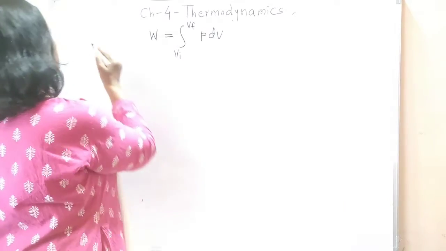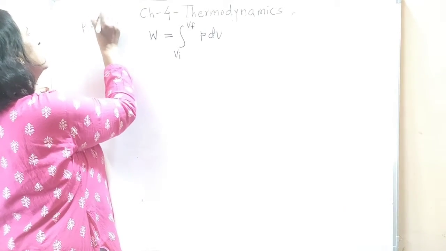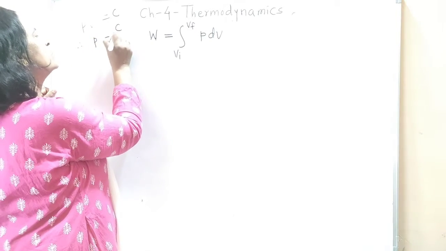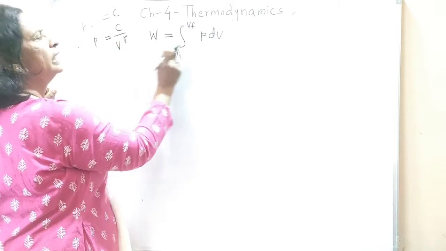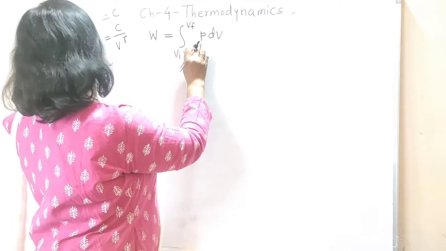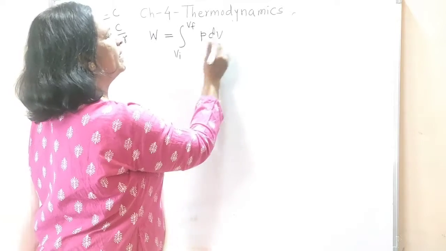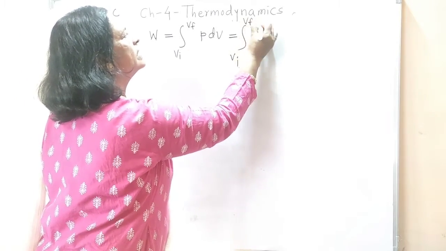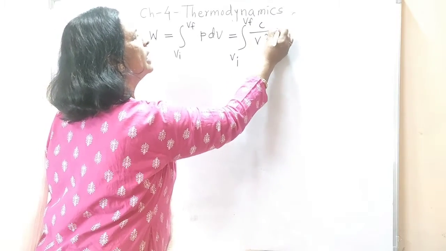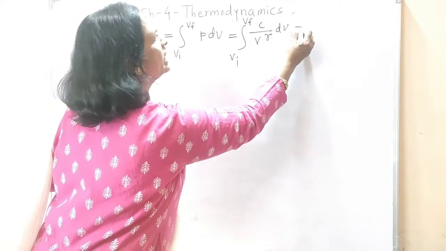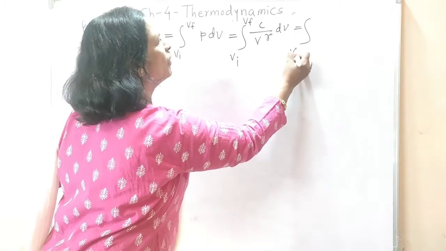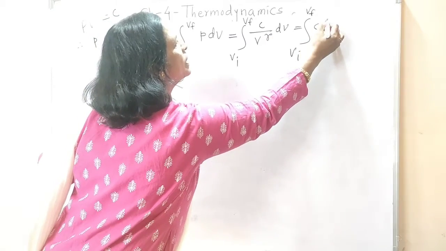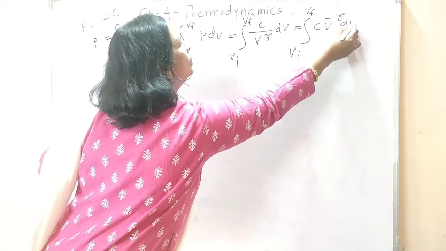Then if PV raised to gamma is equal to C, therefore the value of this P is equal to C divided by V raised to gamma. Now we have to substitute this value of P. Integration within the limit Vi to Vf, C divided by V raised to gamma into dV, and that is nothing but integration of Vi to Vf, C into V raised to minus gamma into dV.